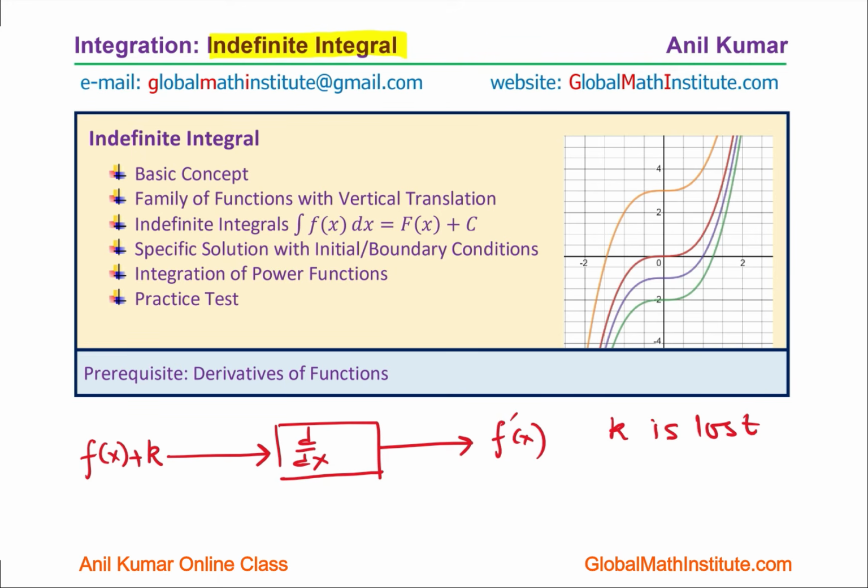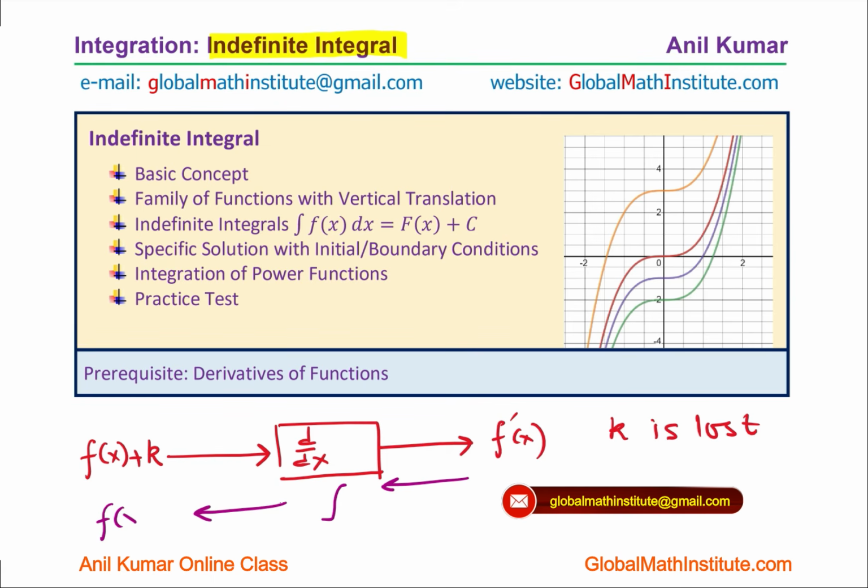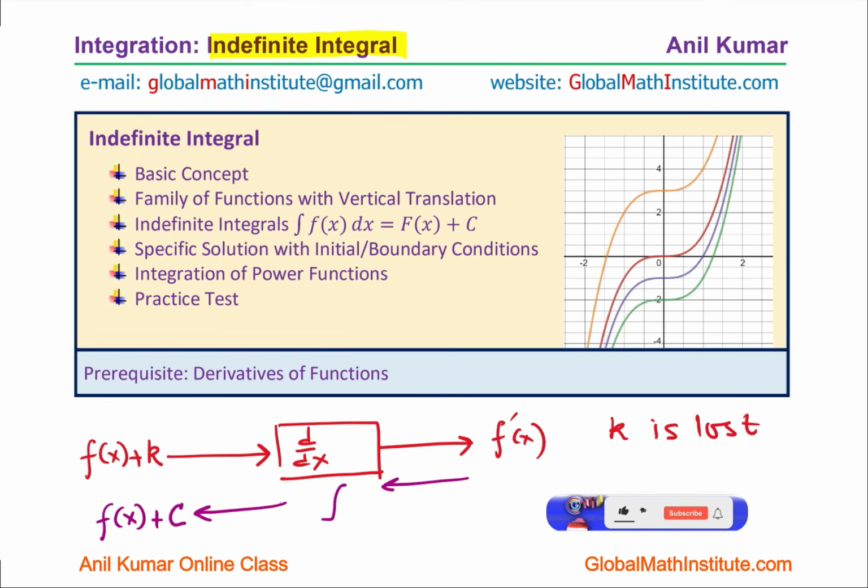Correct. And when we do the reverse calculation, which is called the integral, what happens? We get the function itself and we have to write an arbitrary value of c, since we don't know what that k is. To get the specific value of k, we have to have an initial or a boundary condition, right?